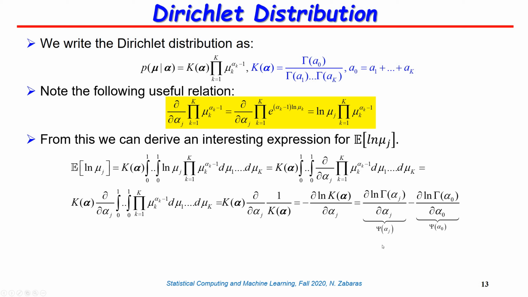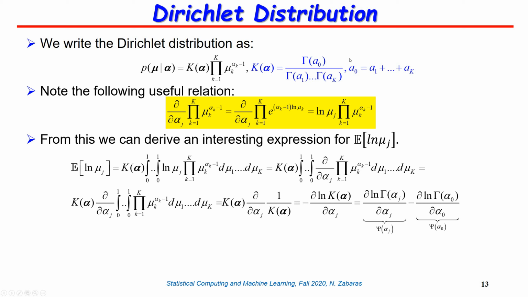So what you get is this very nice result that the expectation of log of mu j is the derivative of log of gamma of Aj with respect to Aj minus the derivative of log gamma computed at A0 with respect to A0. Okay?